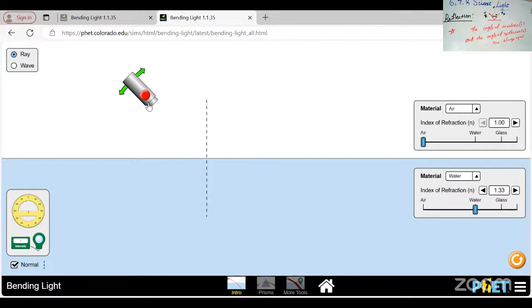One is the torch light and then the medium. There are two media: different kinds of media, air, water, glass, like that. Above part and below part also we have different media, air, water, glass. With the help of the media, we are going to understand the concept of reflection.